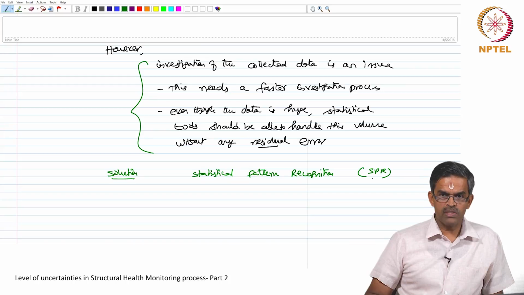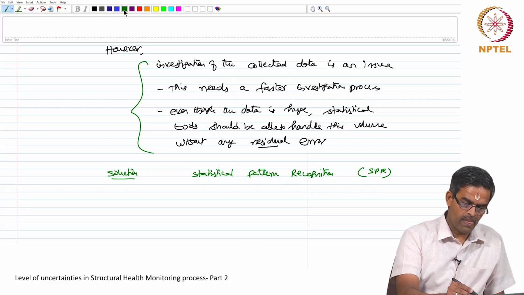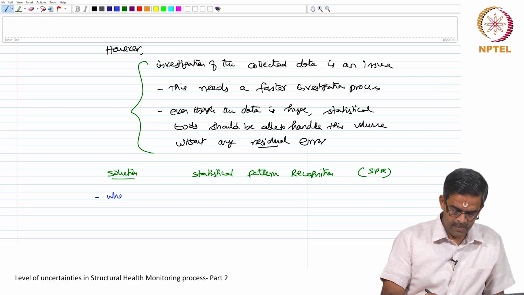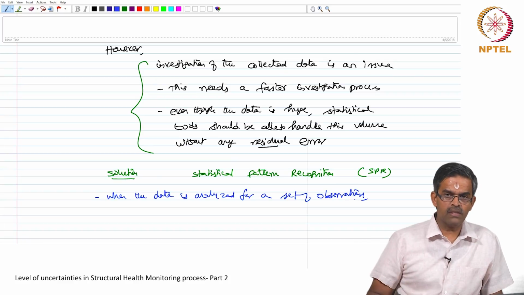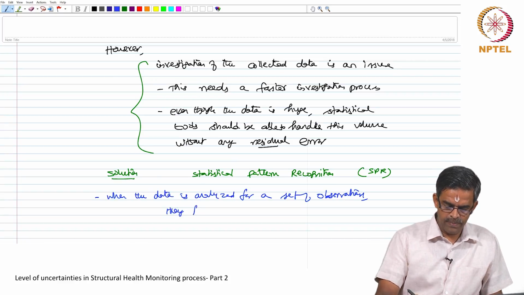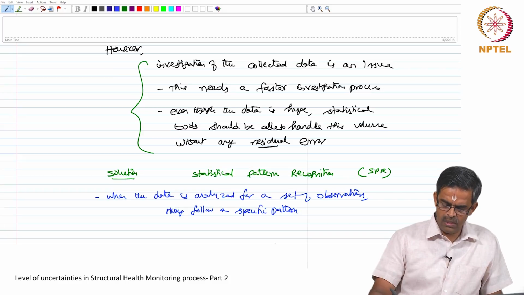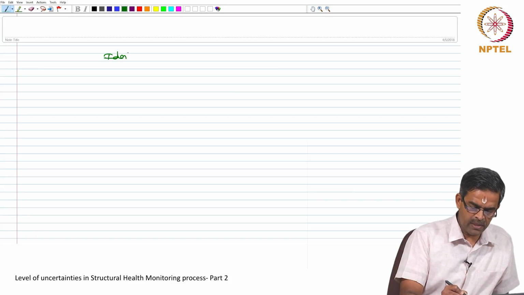Friends, when the data is analyzed for a set of observations, it is interesting to note they follow a pattern. So, instead of all the time analyzing the new set of data, what one does is identify this pattern.